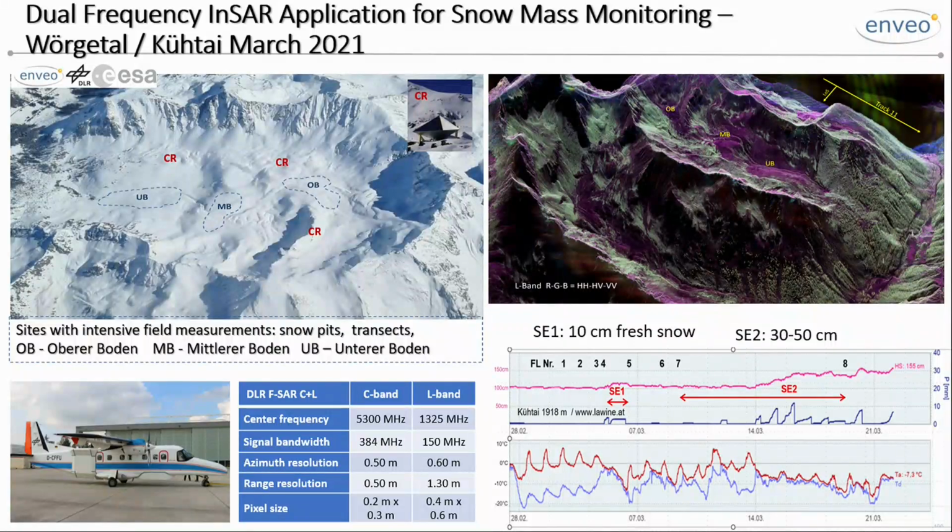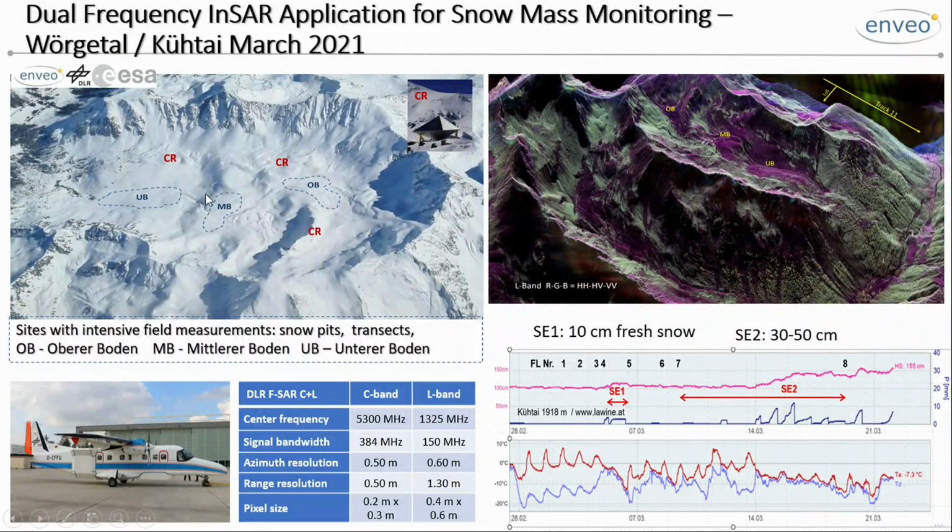In this period, in March, I think the 21st or 22nd, we had 2 snowfalls, and before and afterwards we had flights. The first snowfall was about 5 to 6 centimeters all over the region, and the other one was about 30 to 50 centimeters. At lower parts a little bit less, at higher parts a little bit more.